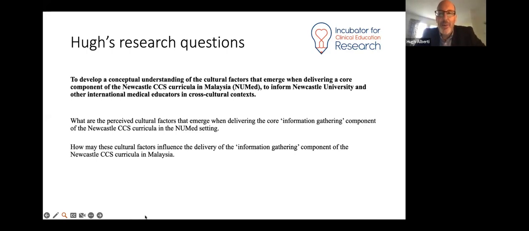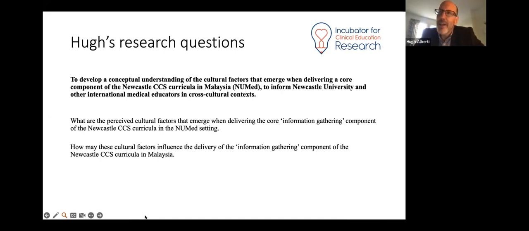I remember writing the questions, and I annoyingly now do this to my supervisees, but almost every word of the aim, which is in bold here, and the 2 research questions, I almost agonized over.